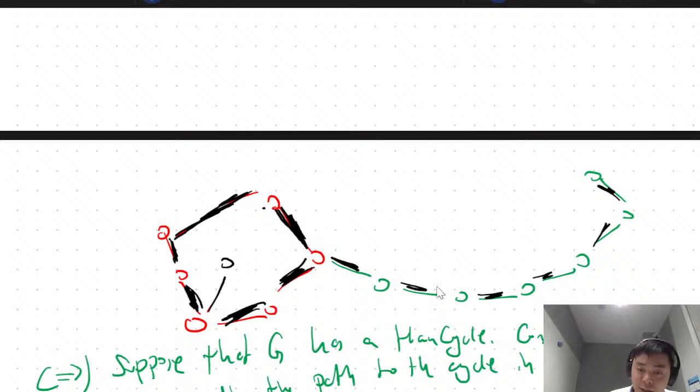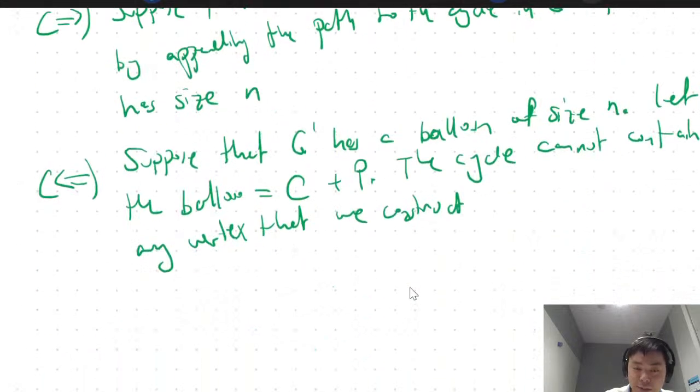if it did contain a vertex that we constructed, say, let's say here, well, what we would need is something like some vertex connected to this vertex, and then some other vertex connected to this vertex. But the fact that we only connect this vertex to one vertex means that we can't actually form a cycle using any of the vertices that we constructed.